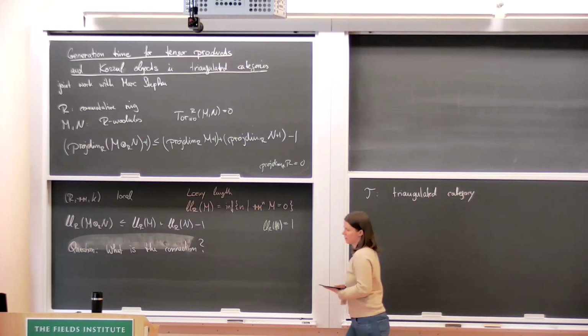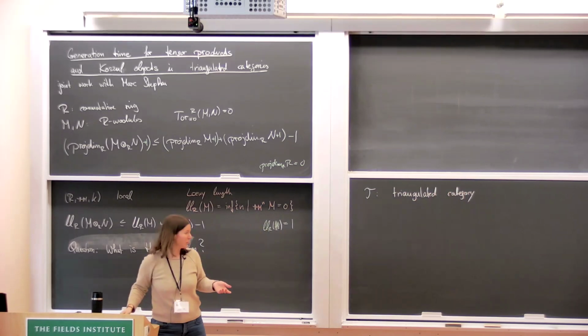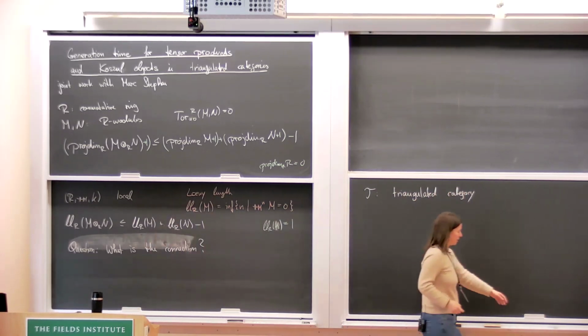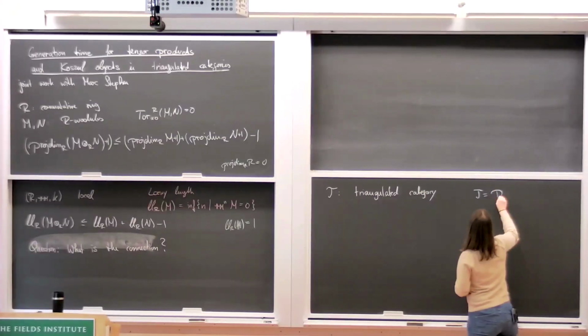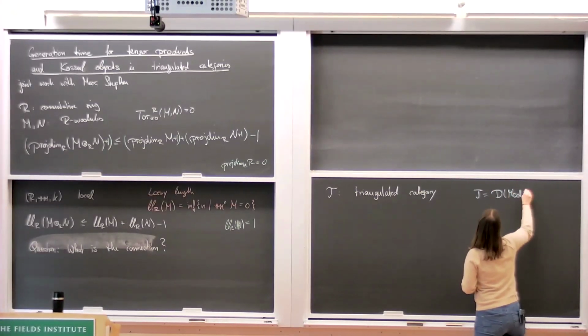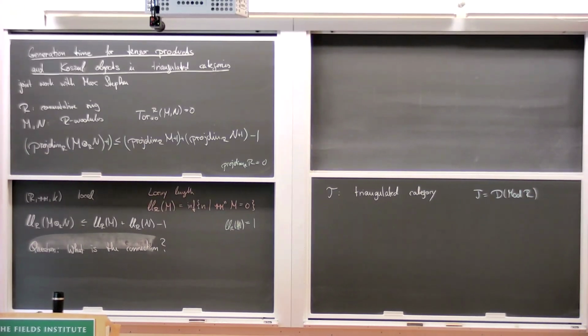So I'll explain the construction in any triangulated category, but if this makes you uncomfortable, I'll in parallel tell you what all of this means in the derived category of a ring. So feel free to just think about the derived category.